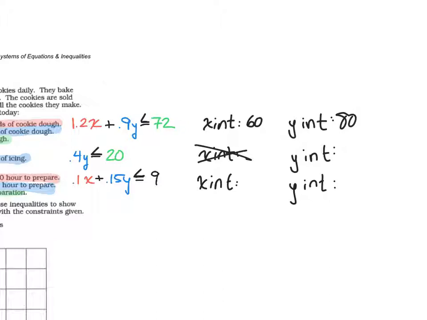If you divide 20 by 0.4, that's 50. Then for the last one, cover up the Y. Divide by 0.1, you're going to get 90. Divide by the 0.15, and I think it's 60.